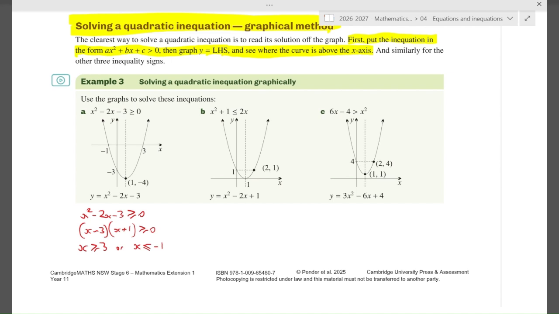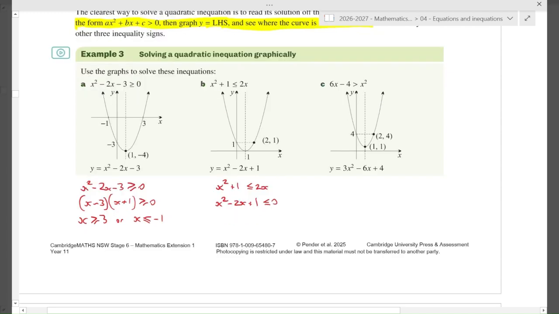How are we going to solve this one? We've got x squared plus 1 less than 2x. So if I brought that across, we've got x squared minus 2x plus 1. Which means we've got a perfect square, haven't we? x minus 1 all squared.